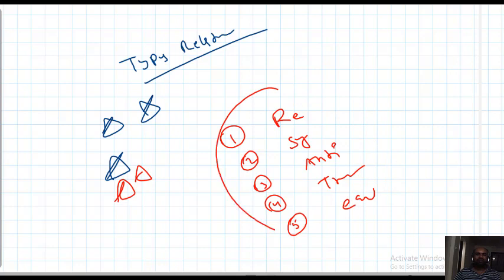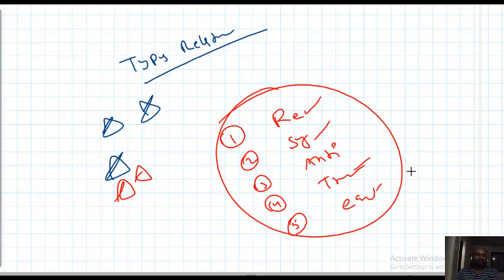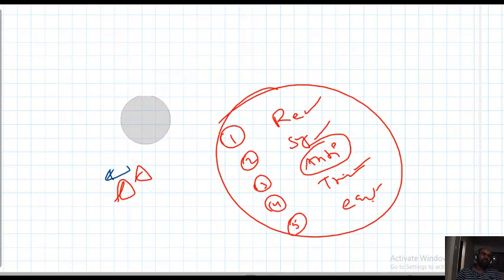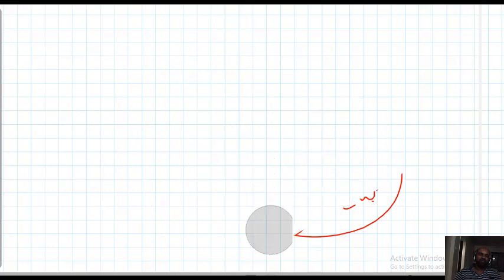These five are very important. Among these, four are most important: reflexive, symmetric, transitive and equivalence relation. After that, anti-symmetric relation. I will explain one by one. Today I can't complete all; at least two I want to complete today. The remaining I will explain in the next class.